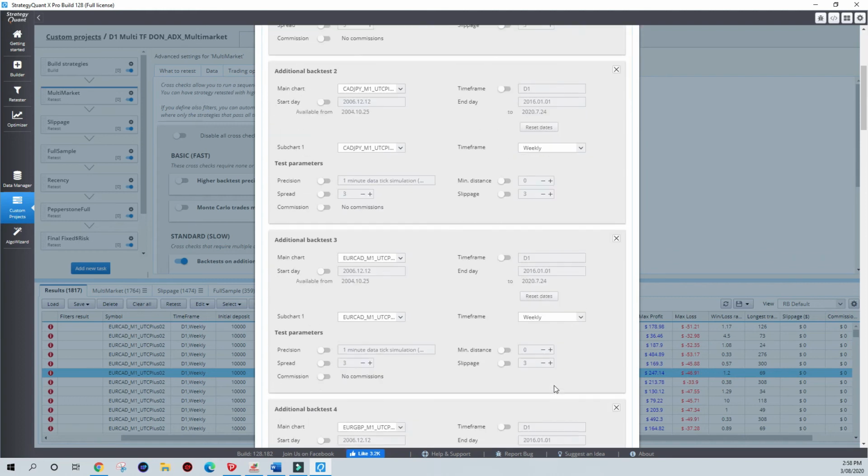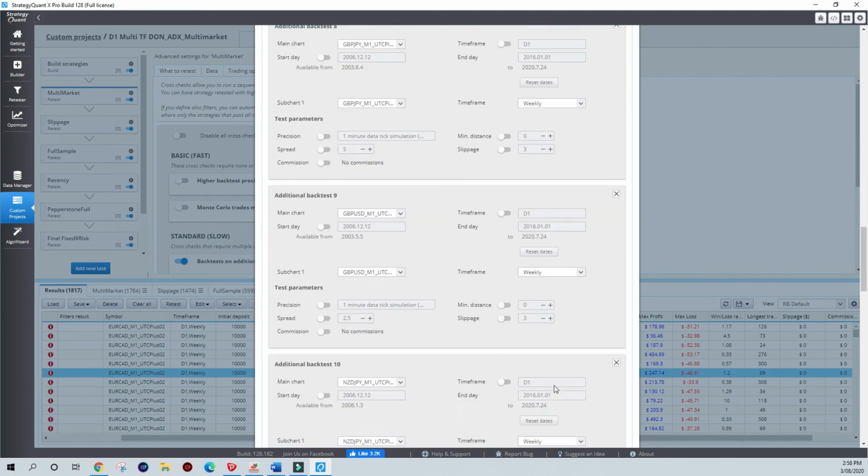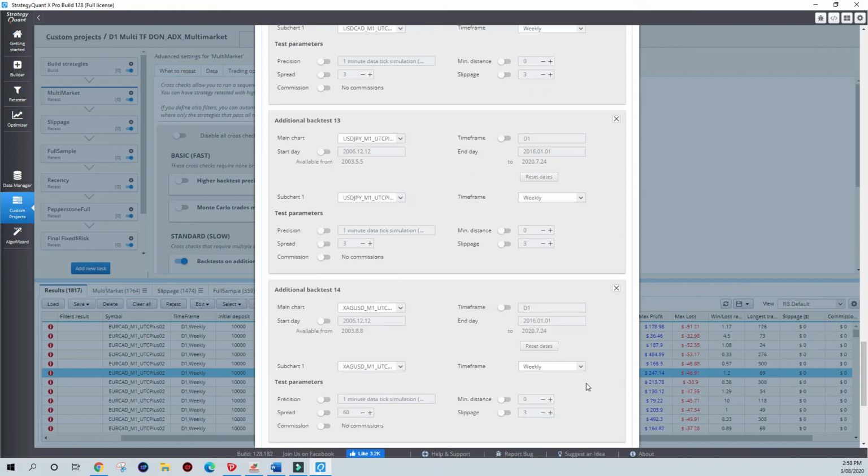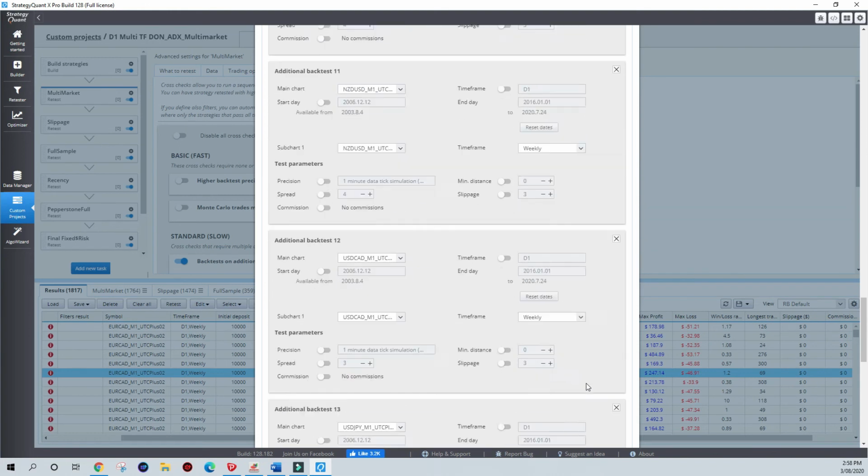So we have 14 different liquid markets here to test this single strategy initially developed in Euro JPY to see if it has potential in a multi-market context.